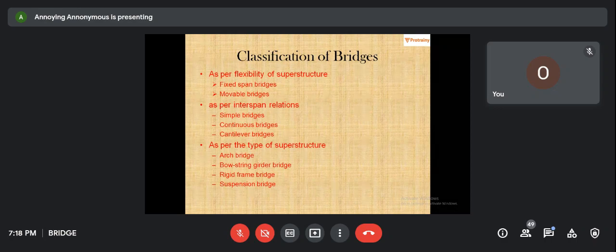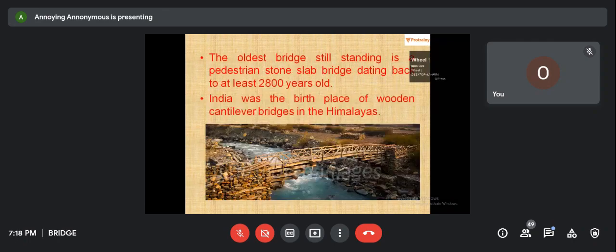Next, as per interspan relations, simple bridges. What exactly is a span? From this point to this point, this is a span. There is only one span here; in this case, it's a small mountain stream, so there is only one span.